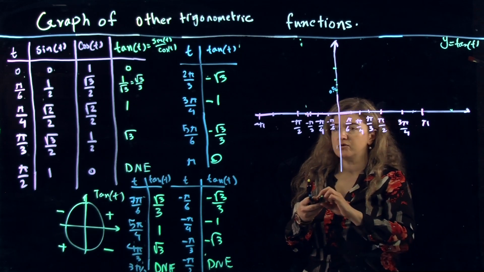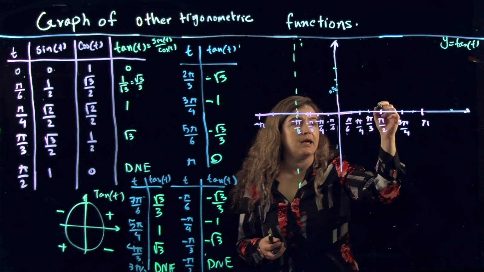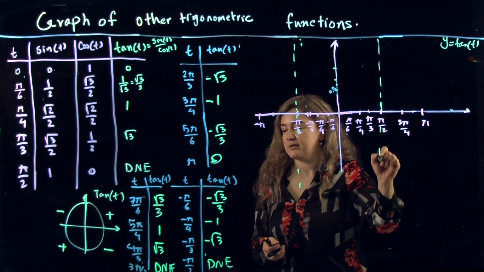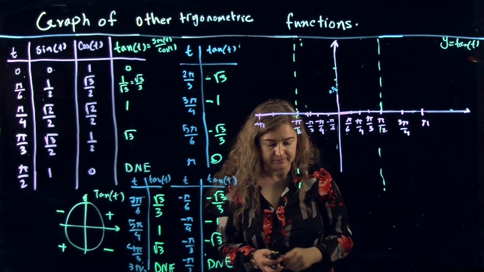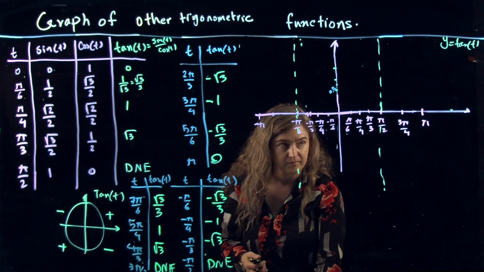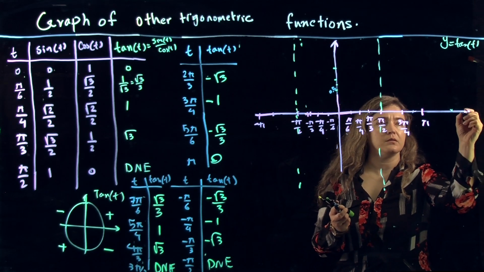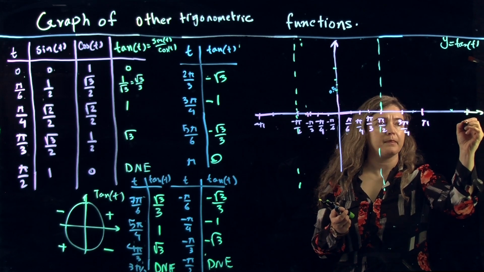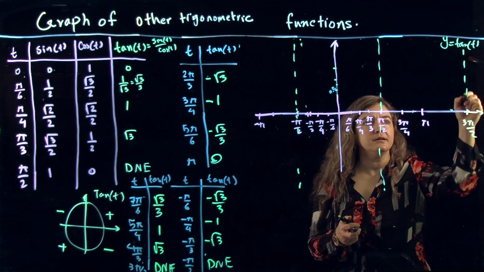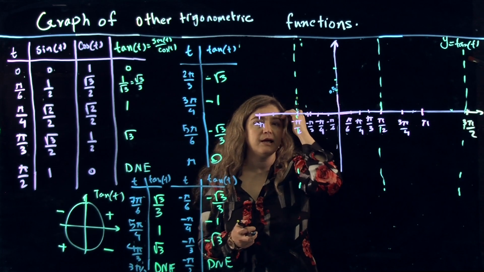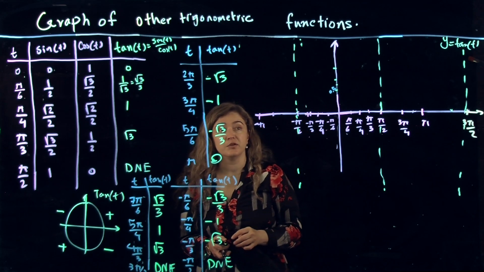So I can go to negative pi half and pi half, and then add 3 pi half, and make sure that I know that the tangent does not exist in any of those.